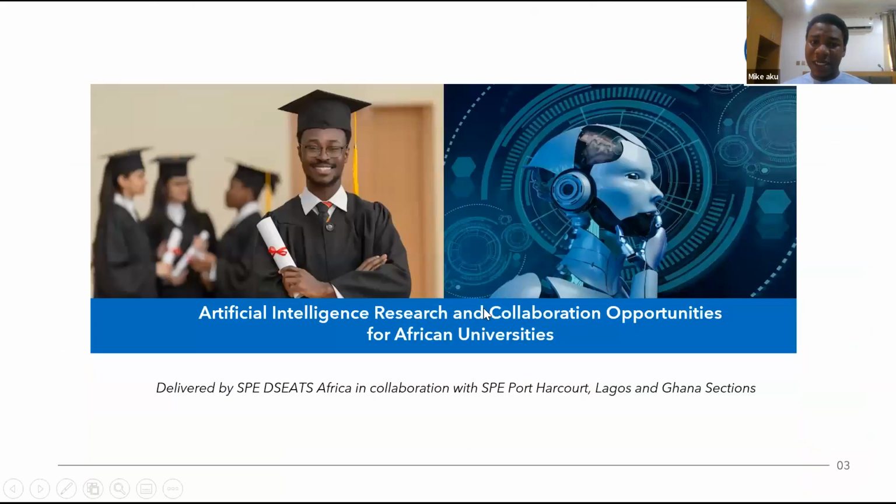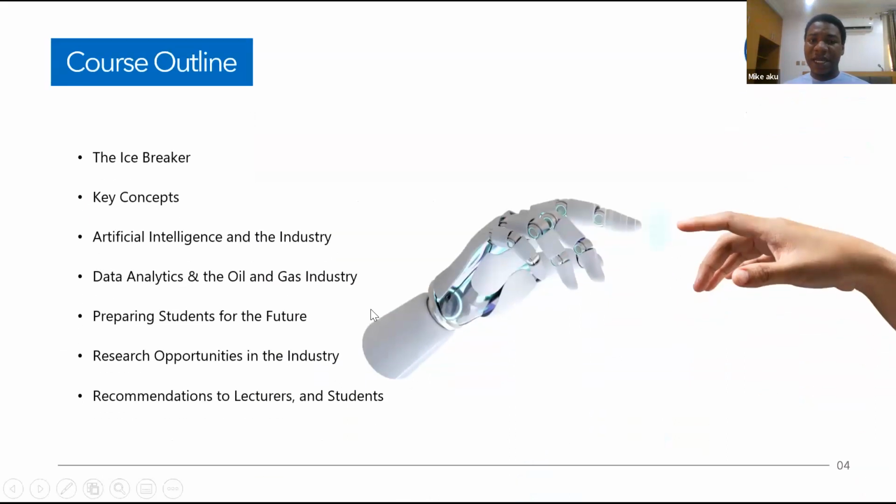As she has rightly said, I'll be speaking on that. And this is the outline for our session. I'll start off with an icebreaker, and then I'll run through key concepts. Some of the concepts might be familiar. Then I'm going to talk about the industry and the academia a bit, and then share some insights in terms of the need for collaboration.